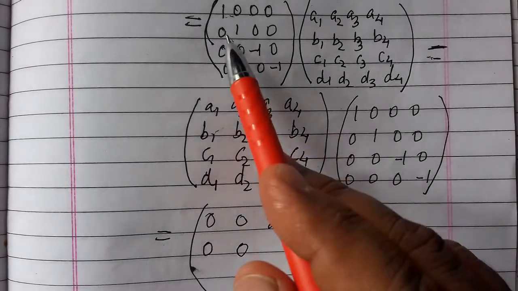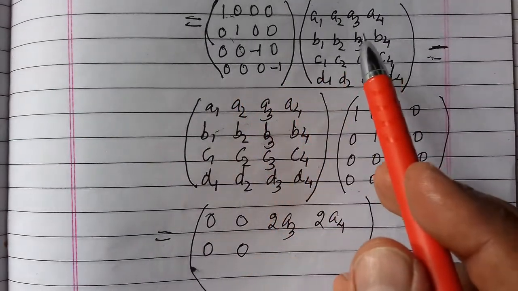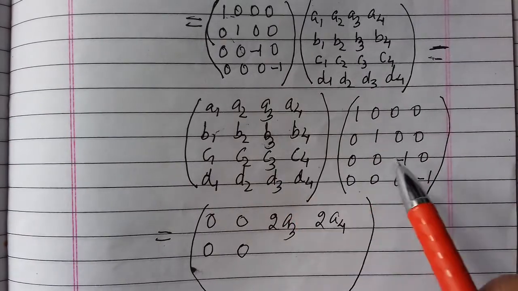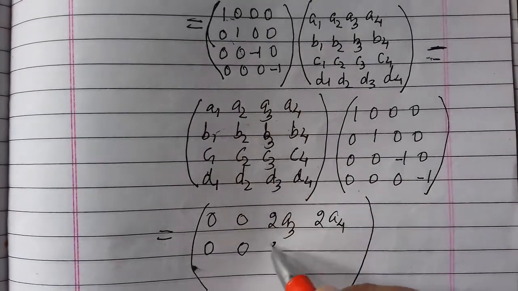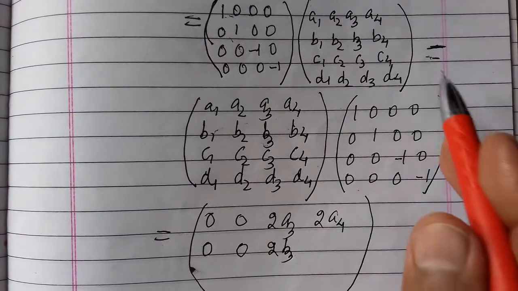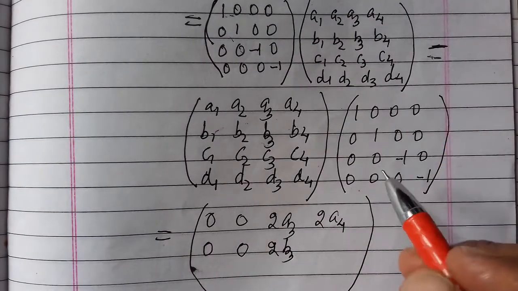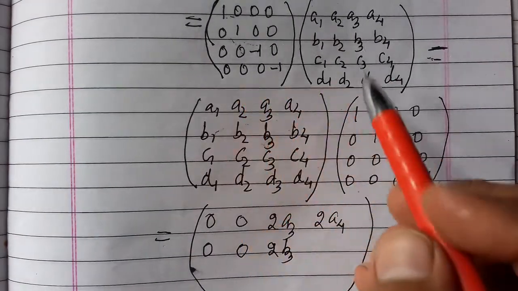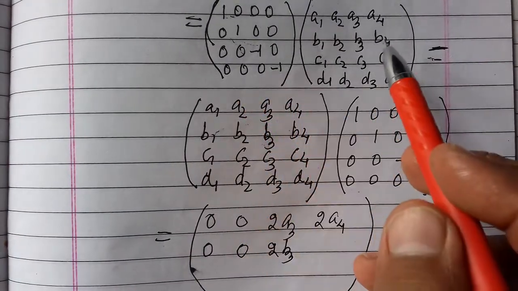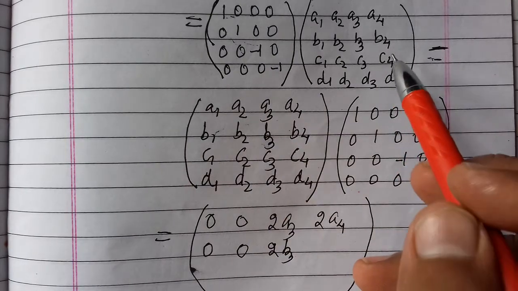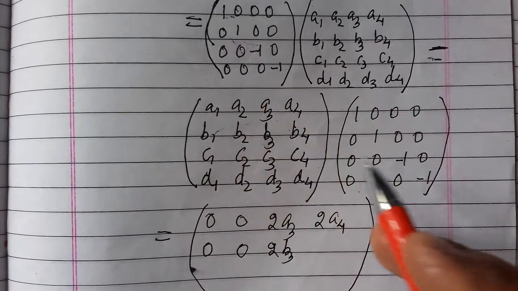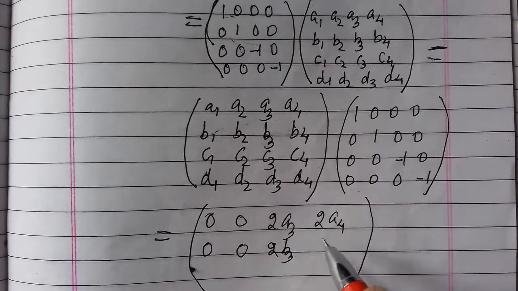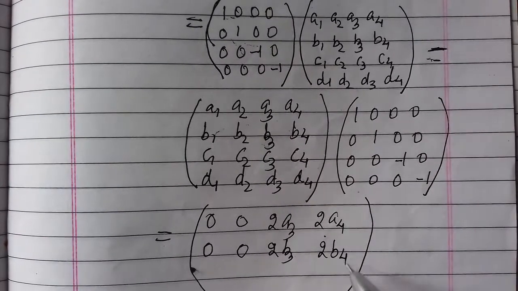The third will be b3, and here will be minus b3, so 2b3, because here is also a minus sign, and if you write the fourth, then this will be b4, and from here you will get b4, because here is minus, so there will be 2b4.